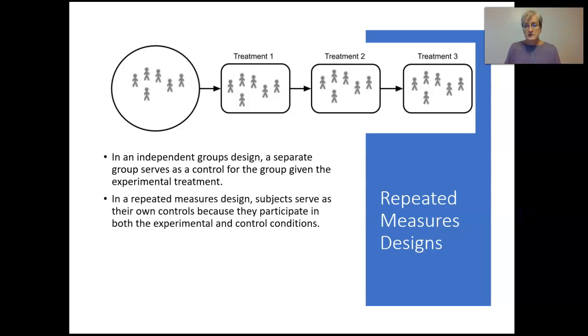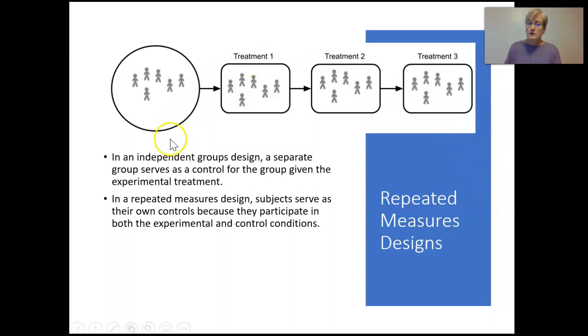In repeated measures designs, instead of having a group of people assigned to a control group, as you would in an independent groups experiment, every participant experiences every condition of the experiment. So you're repeatedly being assessed, either in an experimental condition or a control condition, and those orders are often balanced.